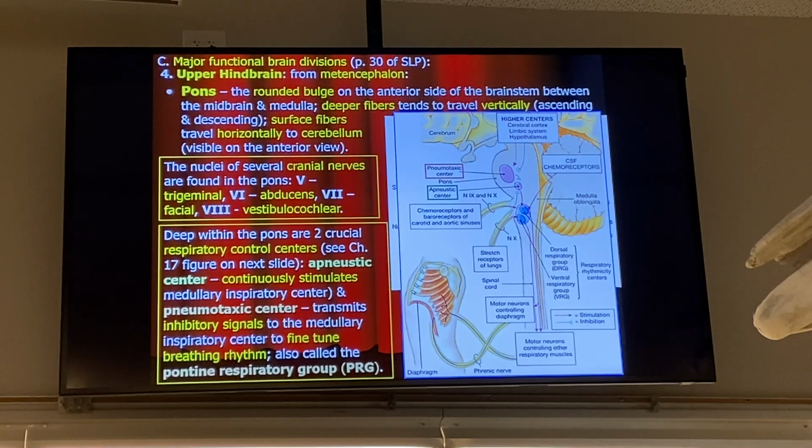You're trying to find a balance, and you've got to fine tune things, but you have to work together with the RRC in the medulla. The pneumotaxic center, I think your textbook refers to the pontine respiratory group in the pons. But that's the pneumotaxic center. Okay? Everybody got this?